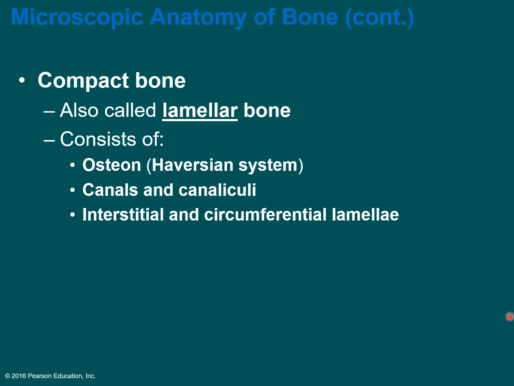So if calcium levels get too high in the blood, it's going to stimulate the osteoblast to put some of this calcium into building bone matrix up, because that's where we need to store the extra calcium. If calcium levels get too low in the blood, it's going to do the reverse and stimulate the osteoclast to say, you need to start breaking down some of that bone matrix, because we need to get that stored calcium into the blood, get those levels up in the blood.